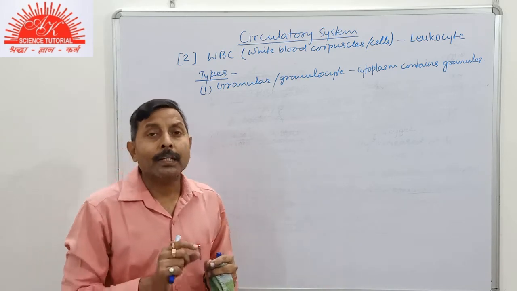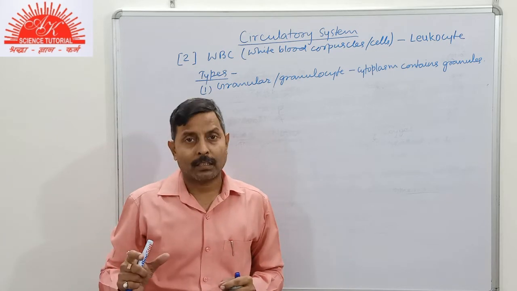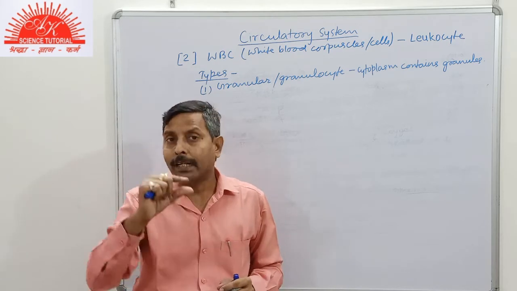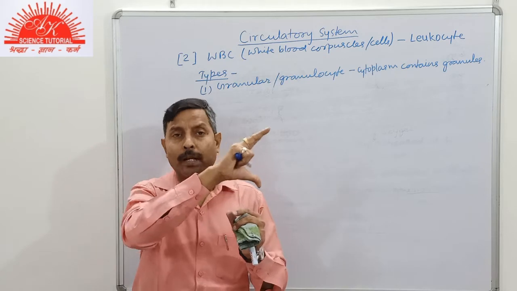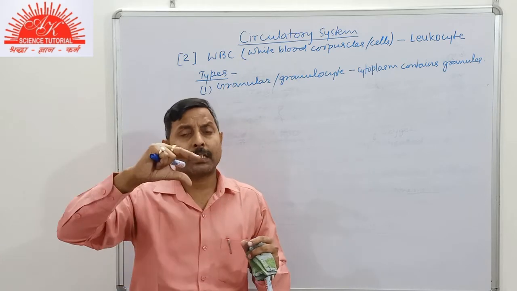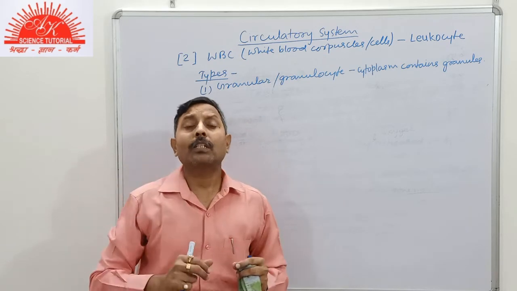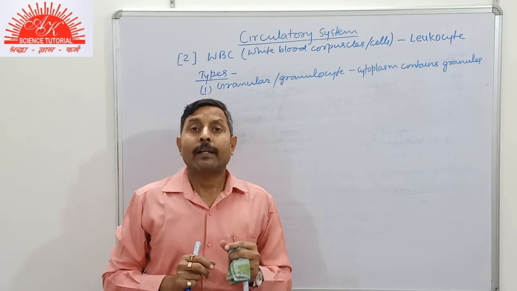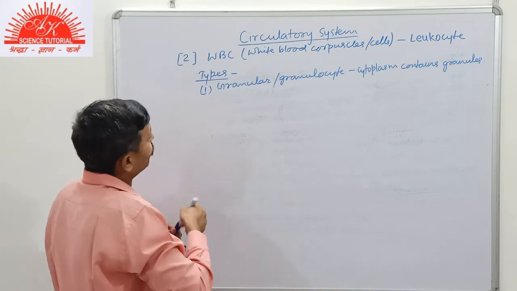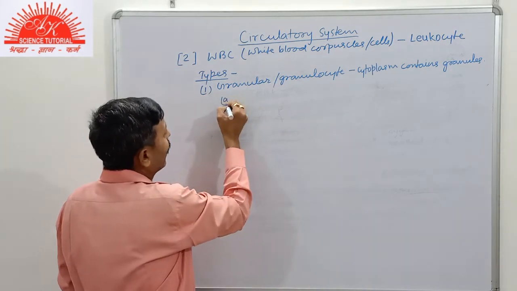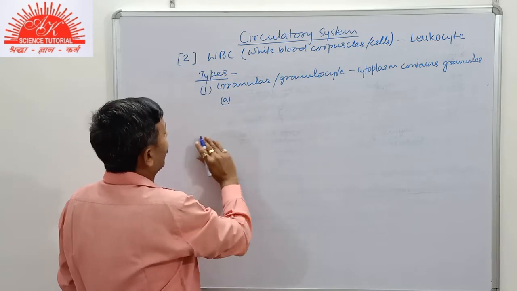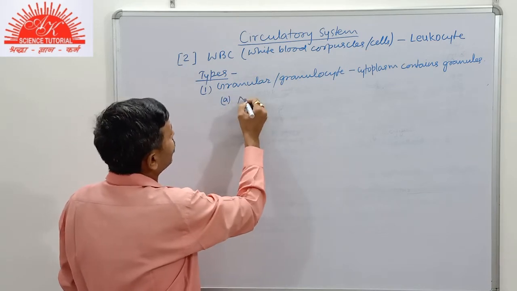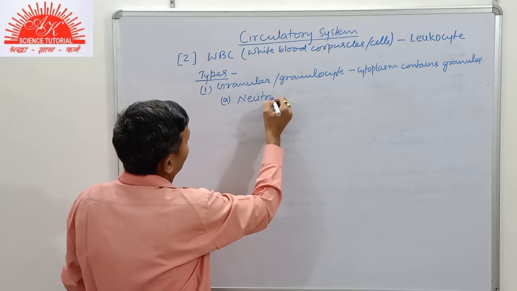The WBC has lobed nucleus, that is beaded, lobed, swelled, then narrow, again narrow stripe, then swelling. So this is called lobed. Now, on the basis of this, granular part is of different types. First of all, it is neutrophil.